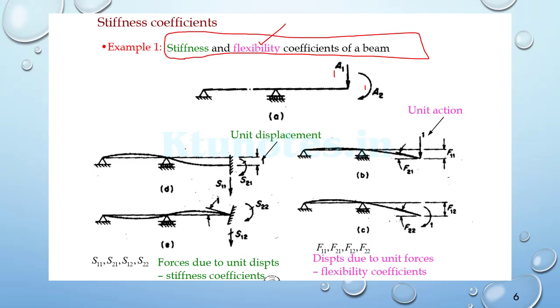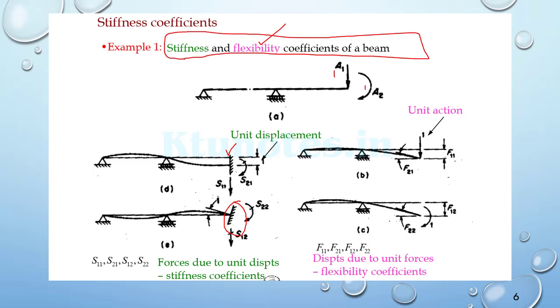In the stiffness method, you are supposed to give the displacement keeping the other displacement at 0. That means for A1 there will be a vertical deflection, so the rotation should be restrained so that it will be a sinking support case. And for the second case there should be rotation, but the vertical movement is restricted. So the rotation is allowed keeping 0 vertical deflection.